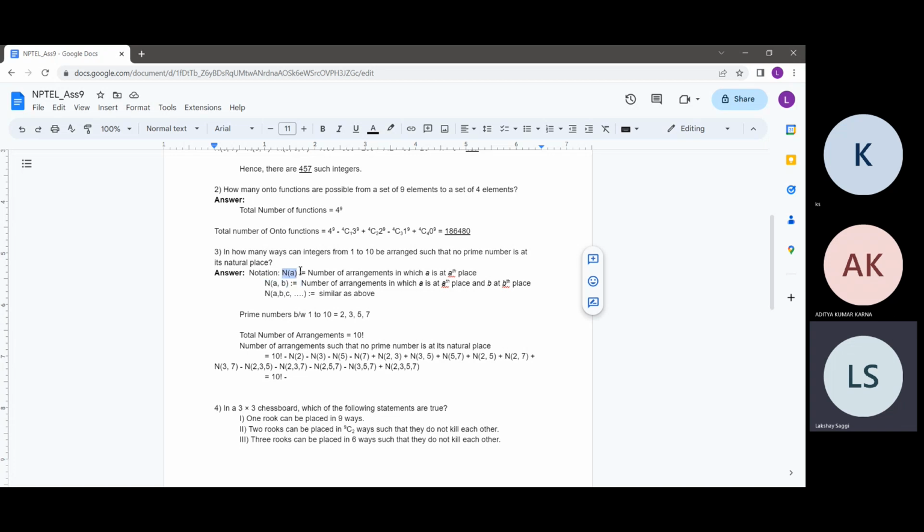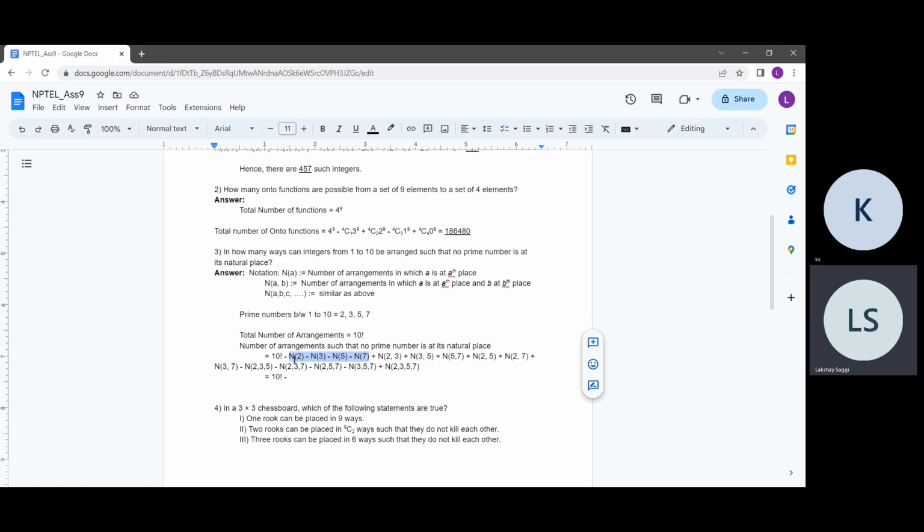Similarly, n of a will be equal to 9 factorial. N of a comma b comma c will be 7 factorial and so on, regardless of the values of a, b, and c. Okay, so one easier way to write it down: there are these 4 numbers, and in this subtraction we have selected one number out of these 4, and the value of that, n of 2, is 9 factorial.